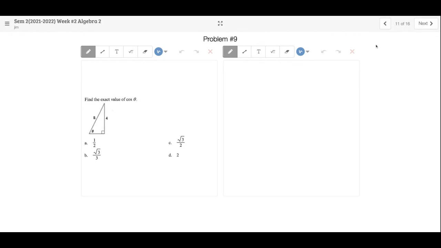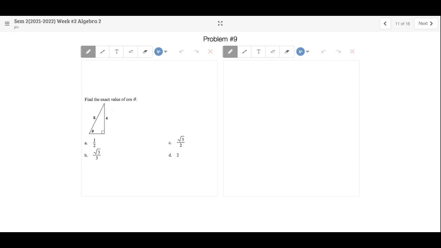All right, number 9. Find the exact value of cosine of theta. What is the exact value of the cosine of theta? You're right, it's the Pythagorean theorem. You definitely have to use it.